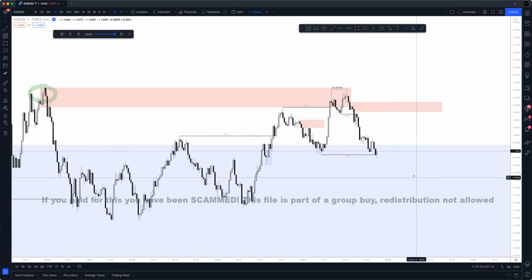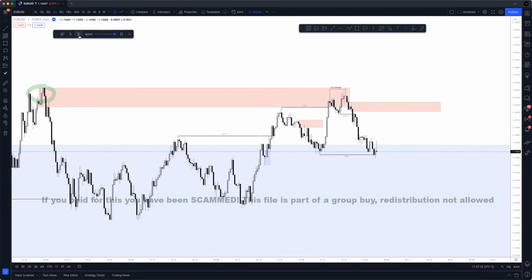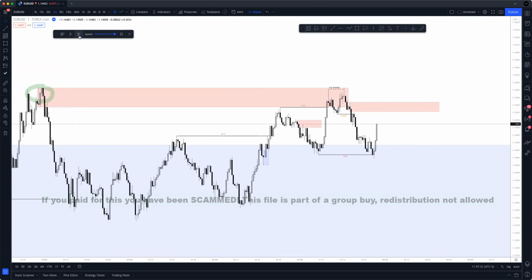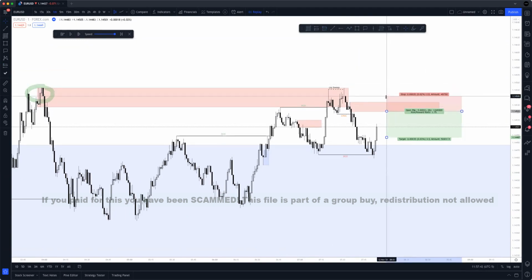Now we're just going to watch how things play out a little bit here. We respect this area right here. At this point, I'd probably be putting my order back on, so let's do that right now. Just want to see what this is. Because we have an unmitigated wick up in here too, this gets a little bit dicey.